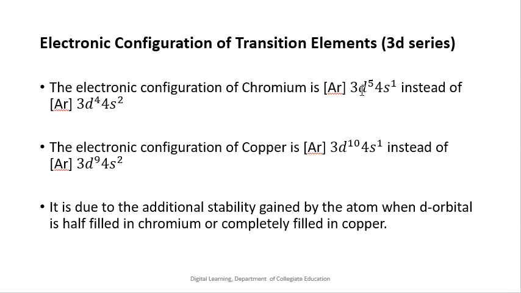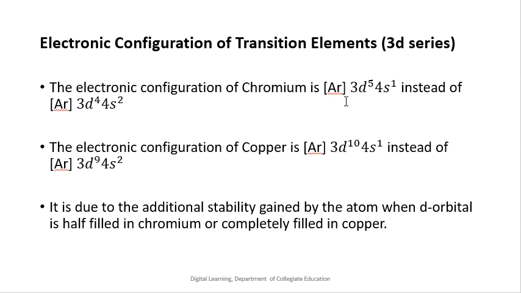As is evident, there is an exchange of electrons from the 4s to the 3d subshell, thereby increasing the stability of the valence shell configuration in chromium and copper atoms. Thus, we can say that among the 3d series elements, only chromium and copper exhibit irregular or anomalous electronic configurations.